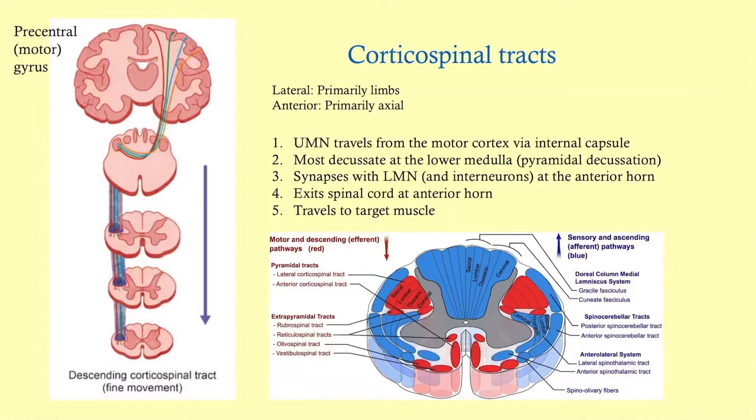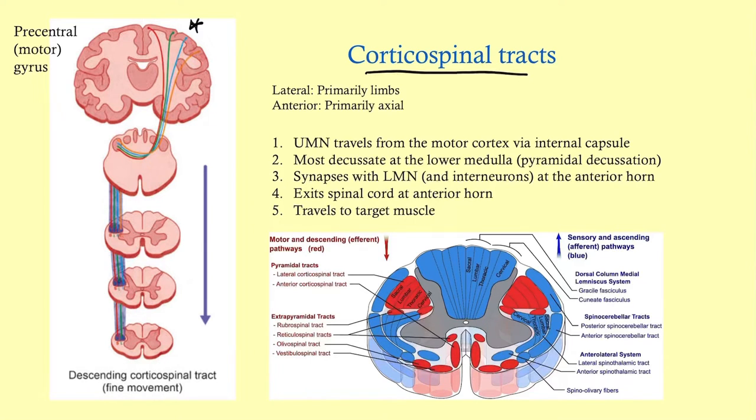Now, the corticospinal tract is our motor tract, and there's only one as far as major tracts. There's some minor tracts, but as far as what you're responsible for step 2 and 3, it's just this corticospinal tract. Now, they are right here in the red, and there is lateral and anterior, lateral being primarily the limbs, anterior being primarily axial, and that helps. You can remember that because they start with the same letter.